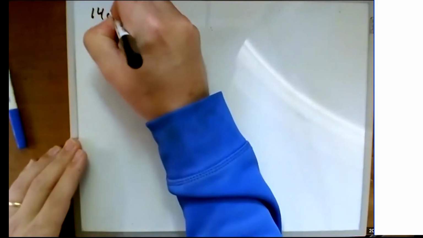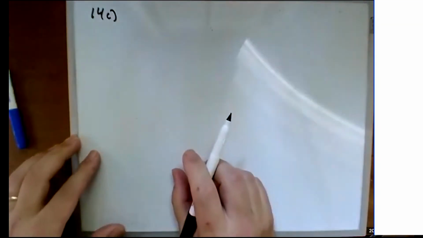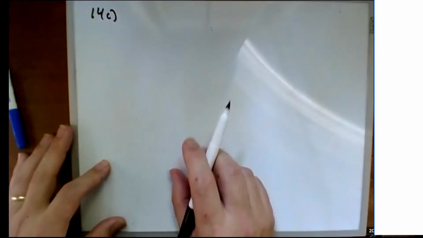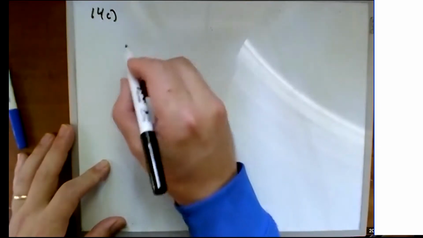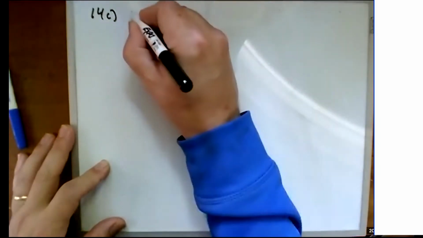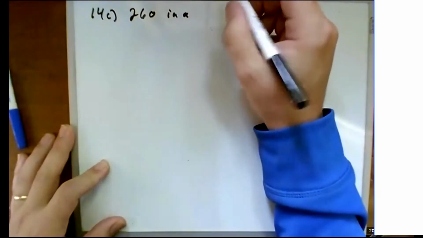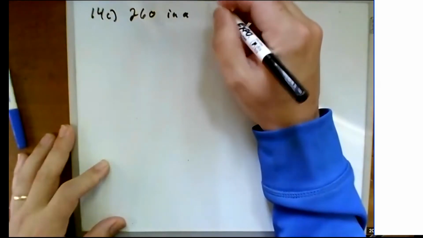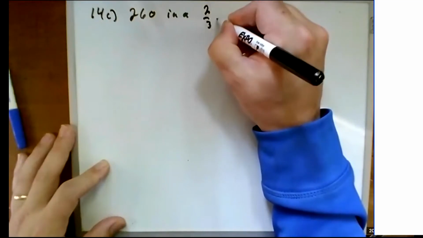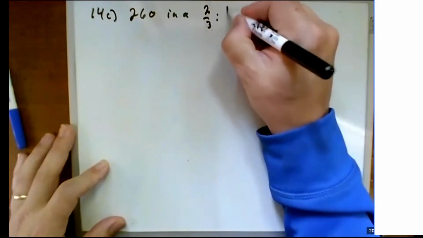It's asking us to divide the following wholes according to the given ratios. In this case, we have the number 260 in a ratio of 2/3 to 1/5.